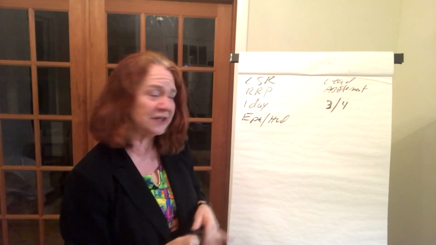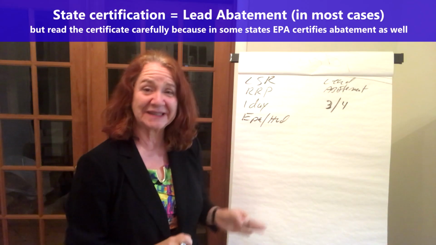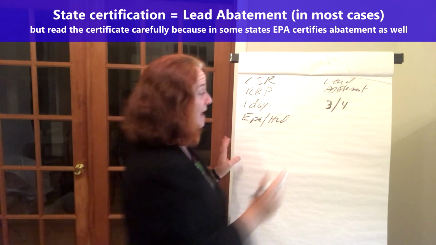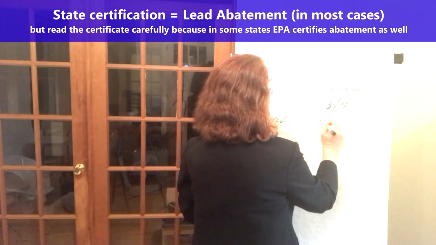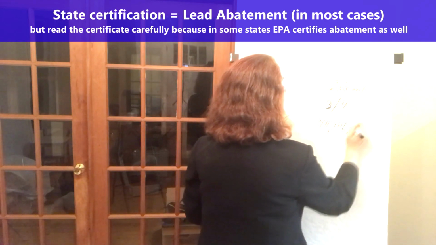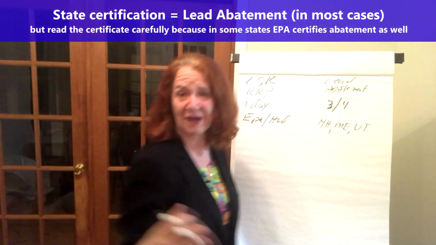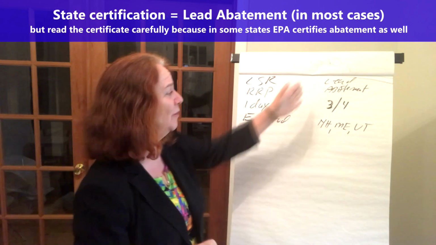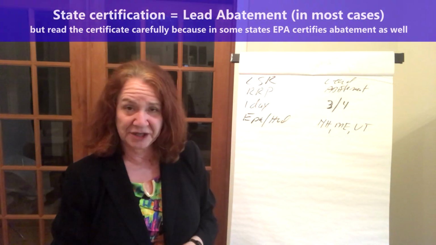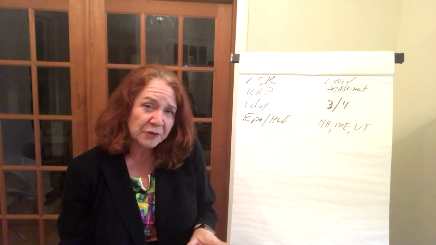And in most of the country, if they were certified by a specific state, like here in New England where I am, New Hampshire, Maine, Vermont, Connecticut, Rhode Island, etc., it's probably a lead abatement certification. Now, that's not always 100% true.